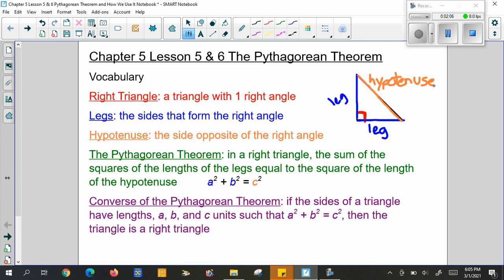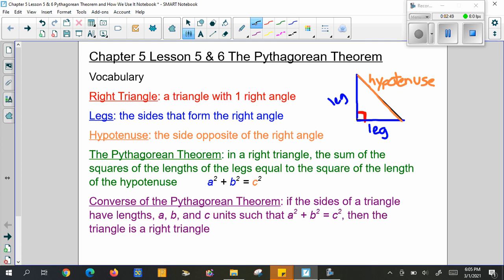Then we have the Pythagorean theorem, and it states that in a right triangle, the sum of the squares of the lengths of the legs are equal to the square of the length of the hypotenuse. Now that's a lot of different words being introduced.